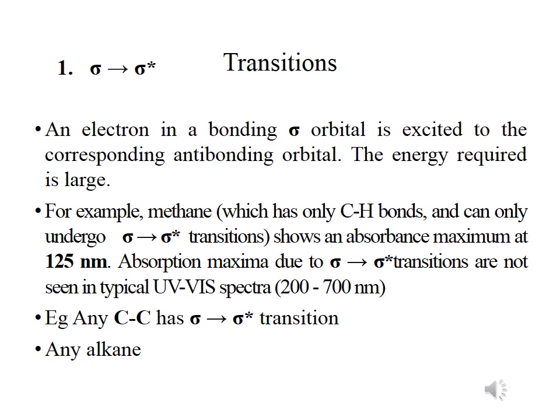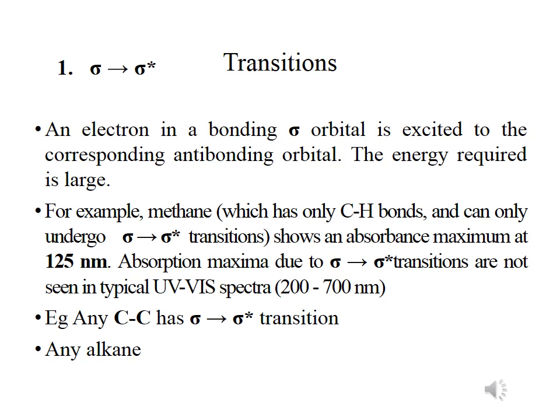For example, methane. It shows the absorption maximum at 125 nanometer. Absorption maxima due to sigma to sigma star transitions are actually not seen in a UV visible spectrophotometer, because the UV visible spectrum covers 200 to 700 nanometer, and if the wavelength is less than that, then it cannot be recorded in the UV visible spectrum.